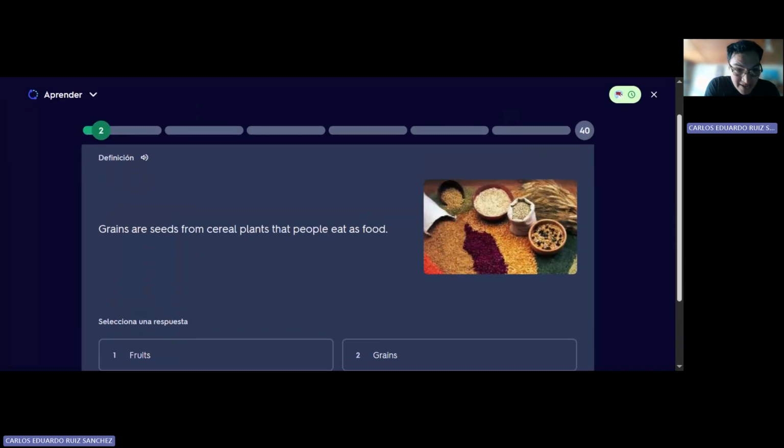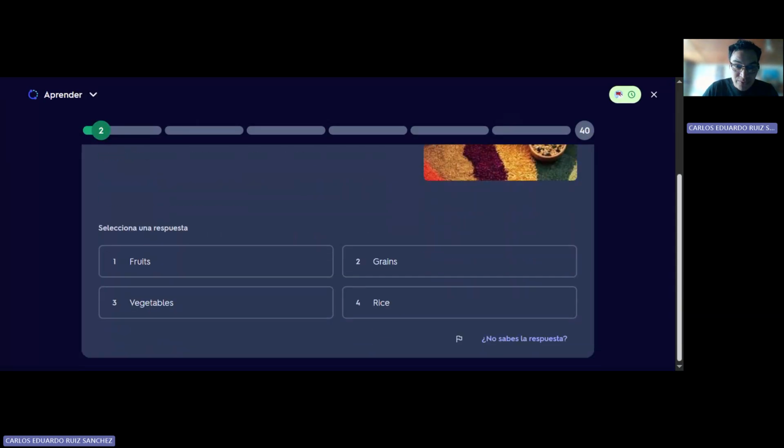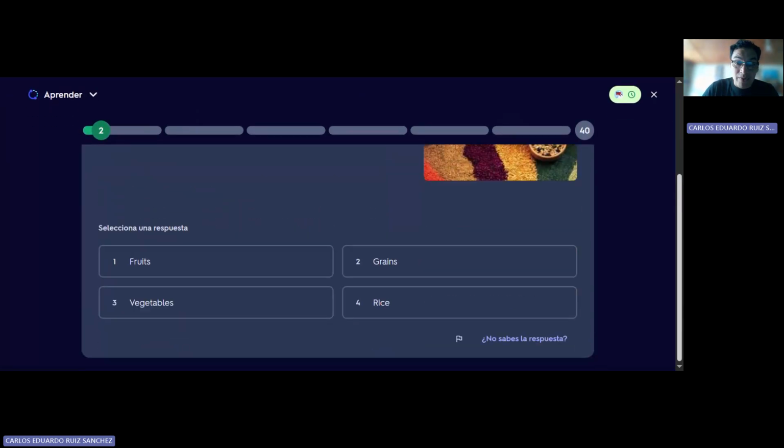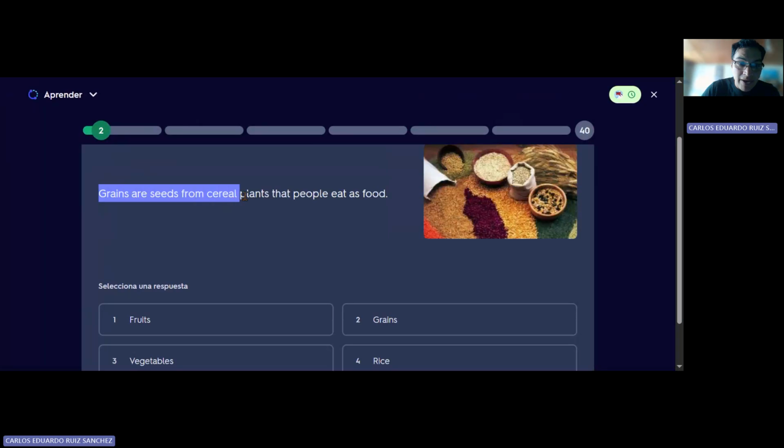Next one, read the statement and choose the correct answer. Grains are seeds from cereal plants that people eat as food. So using that statement, you need to select the correct vocabulary here. Fruits, grains, vegetables, or rice. It's necessary that you remember and identify what the statement is saying.